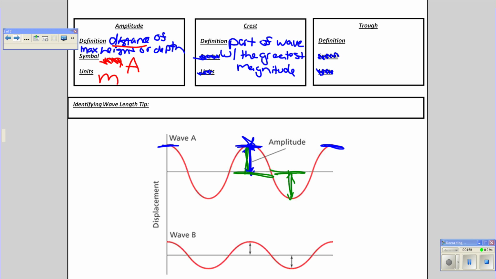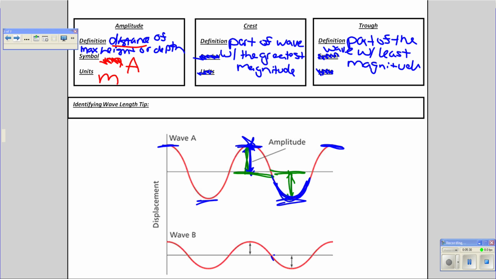Now trough, think about like a horse trough. Of course, a trough holds water, so it's going to be the bottom part. Alright, so it's the part of the wave with the least magnitude, or the lowest part.